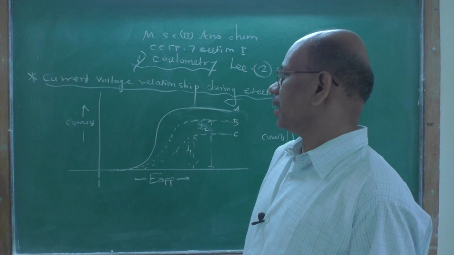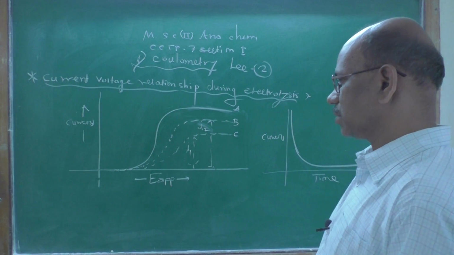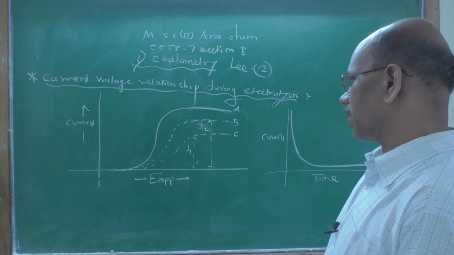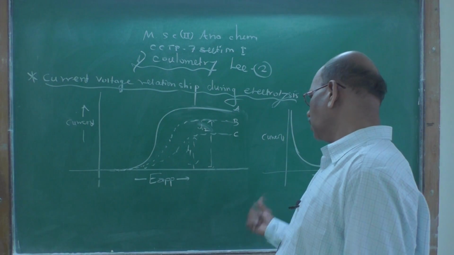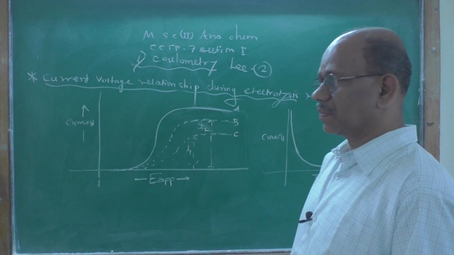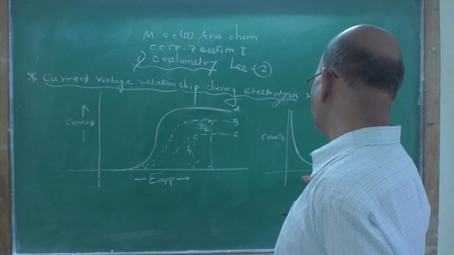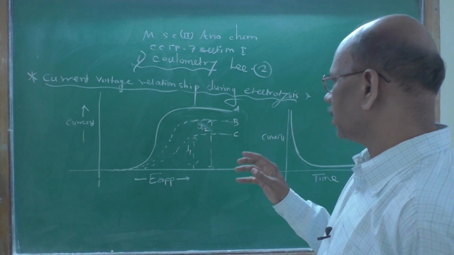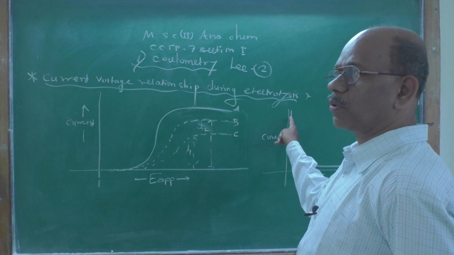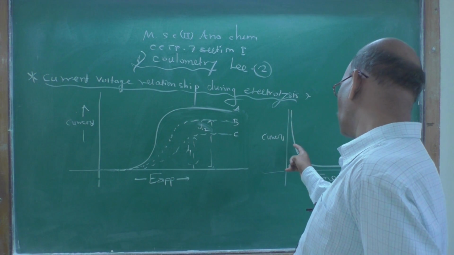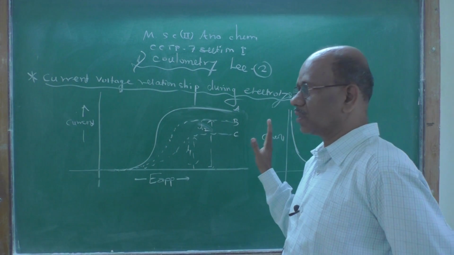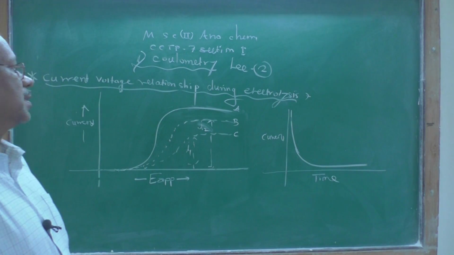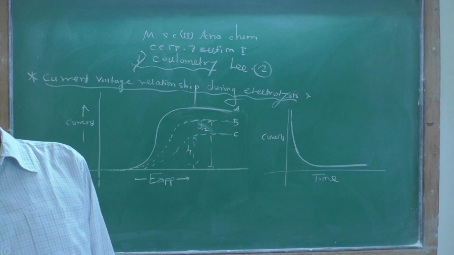I have plotted the graph of current against the potential applied, showing three curves A, B, C, with currents I1 and I2. The second plot is current against time. As time increases, at the beginning the current is very high, and as the reaction proceeds the current goes on decreasing. Based on these two curves we have to explain the current voltage relationship during electrolysis.